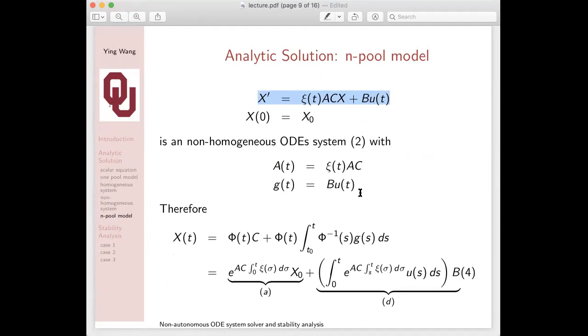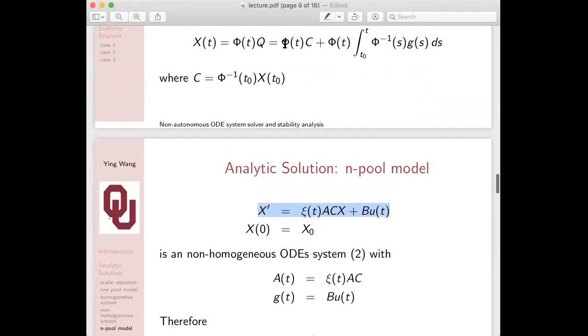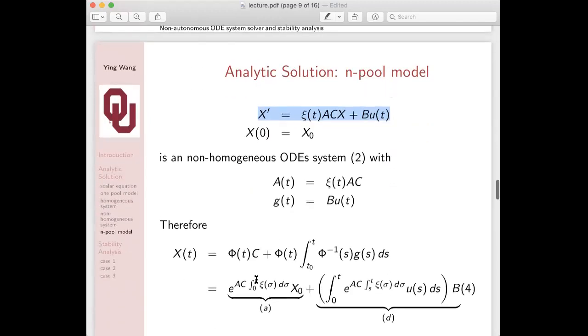So we can apply our solution formula to write down the solution for this N-pool model. The solution formula that's in the previous slide, that's phi times C plus phi times this integral. So phi, in this case, is the fundamental matrix for the corresponding homogeneous system here, which is exactly this thing.